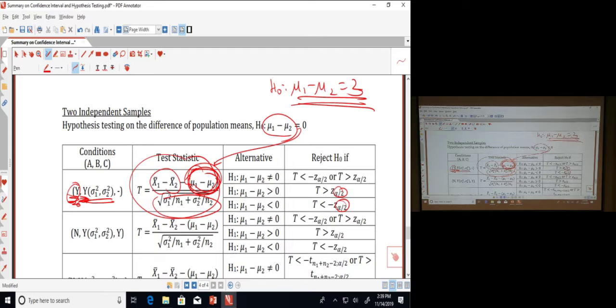And what happens if you don't know whether it's normally distributed or not? Then you have to use a big sample. That's why you need a big sample. If you don't have a big sample, then what to do? I don't know, right? But if your boss insists that you have to give a solution, okay, I give you a solution. Not perfect, maybe not good either, but I give you a solution. Still use this test statistic.